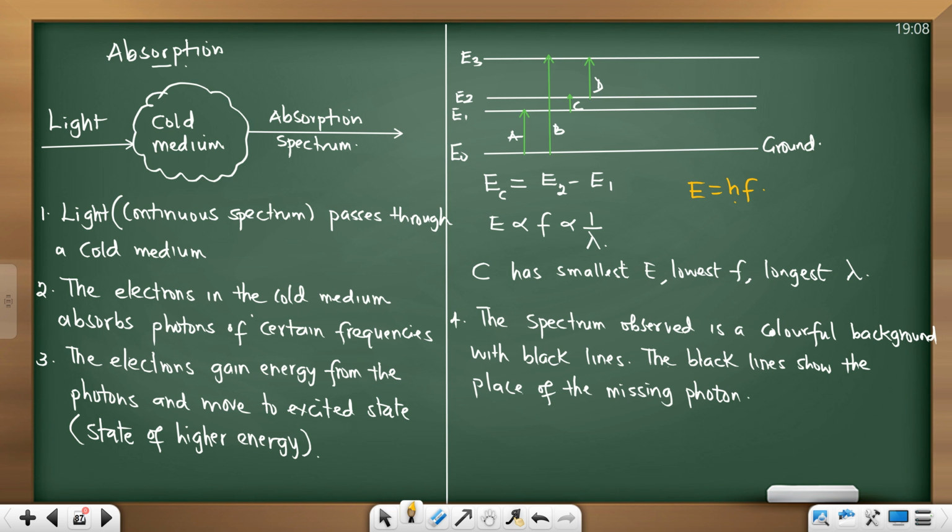I'll give you a very good example. The frequency of red is lesser than the frequency of yellow if you look at your rainbow. Red, orange, yellow, green, blue, indigo, and violet. Red has the longest wavelength. Hence we say red shift, moving away. Now, the color of the sun in the evening is red.